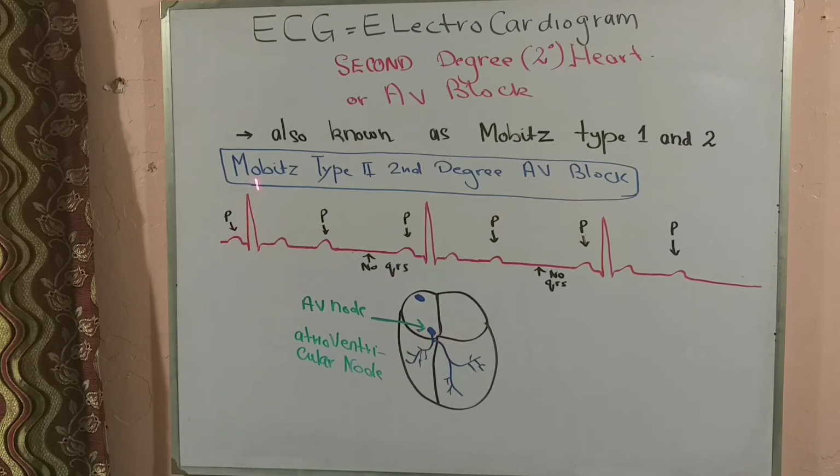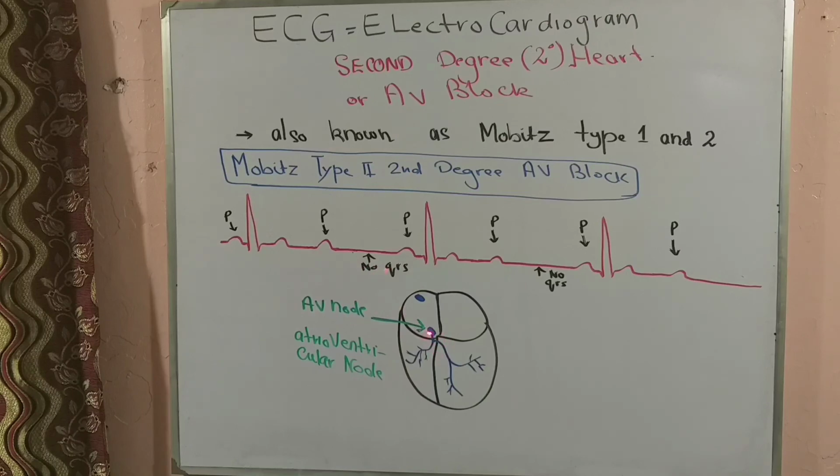It will let one impulse pass through it. It will go and cause the depolarization of the ventricle that will generate a normal fine QRS complex, which is a narrow one. But it will not let the next impulse pass through it. So there will be a P wave because of the atrial depolarization, which has already happened before the impulse was passing through the AV node. But there will be no QRS complex.